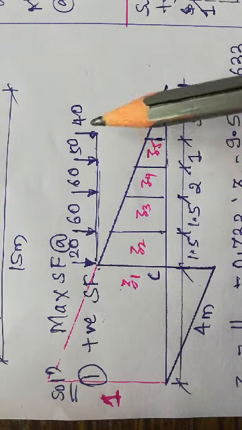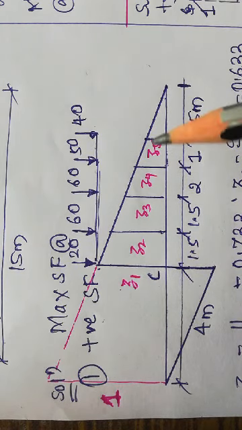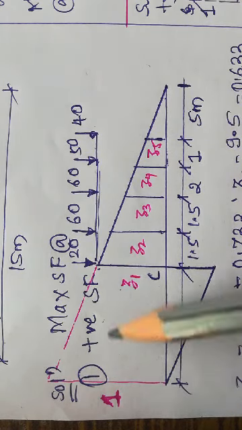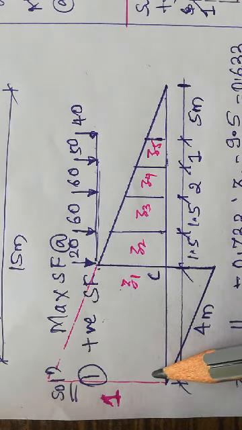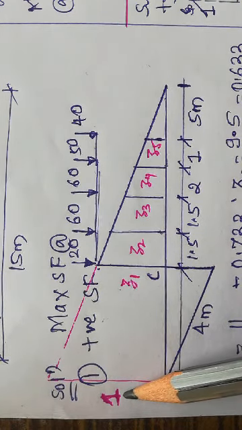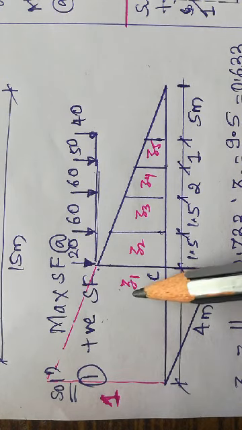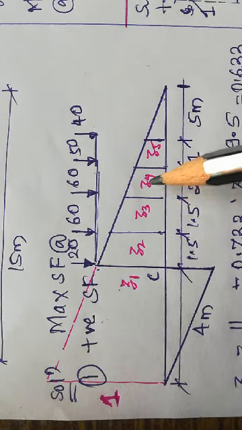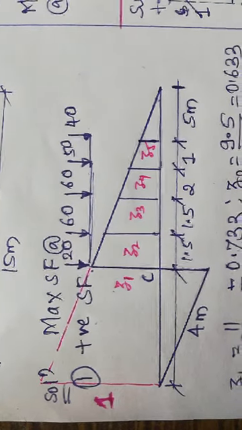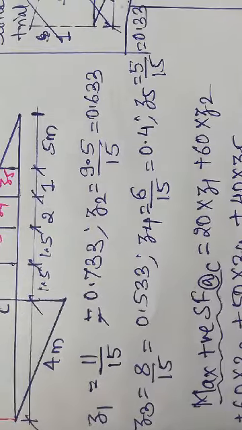So here 5 loads are there, so we will be having 5 ordinates, and we are calculating for positive. So the upper triangle, that is the RA reaction influence diagram, is useful for us. Using this, calculate the ordinates Z1, Z2, Z3, Z4 and Z5 using similar triangles. So these are the ordinates for the values of Z from Z1 to Z5.